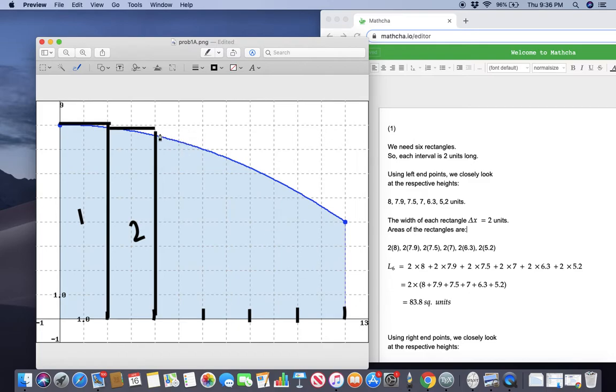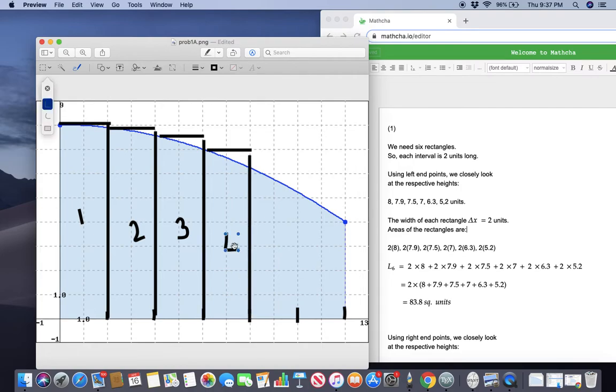I don't want an arrow. There you go. Now, that's my third rectangle. Next, for this one, I'm using the left end point. The height is over here. I always forget I shouldn't be drawing the entire 7. This is the fourth rectangle.